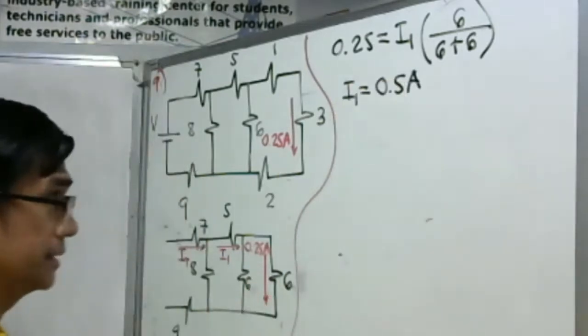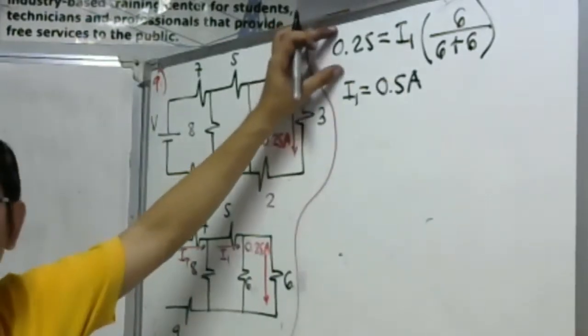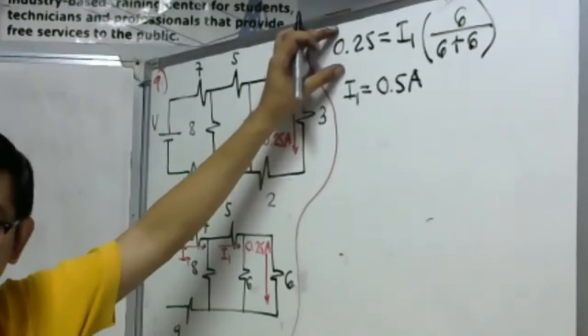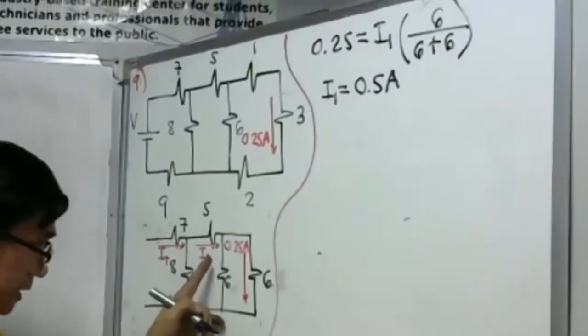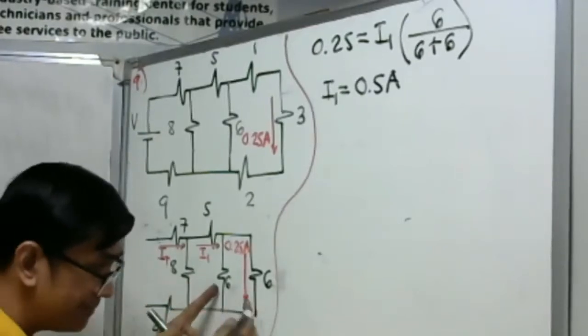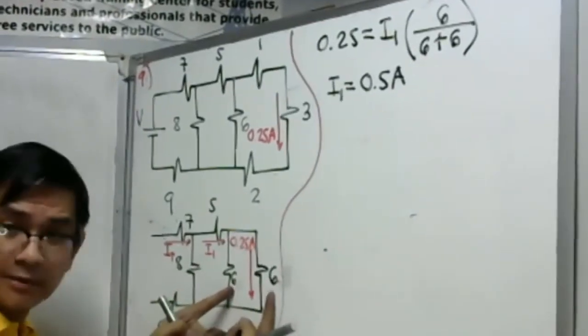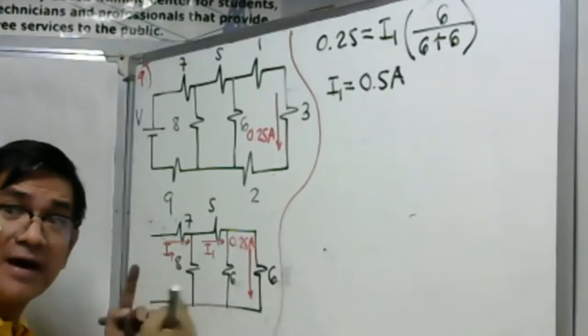Take a look here. Actually, you don't need the current divider theorem here. Please listen. We have here our 0.5. They have the same value, 6 ohm and 6 ohm here. Meaning, the current divides equally.